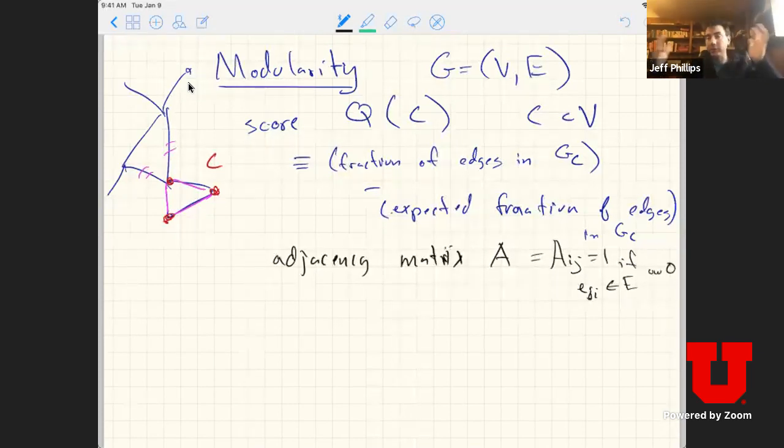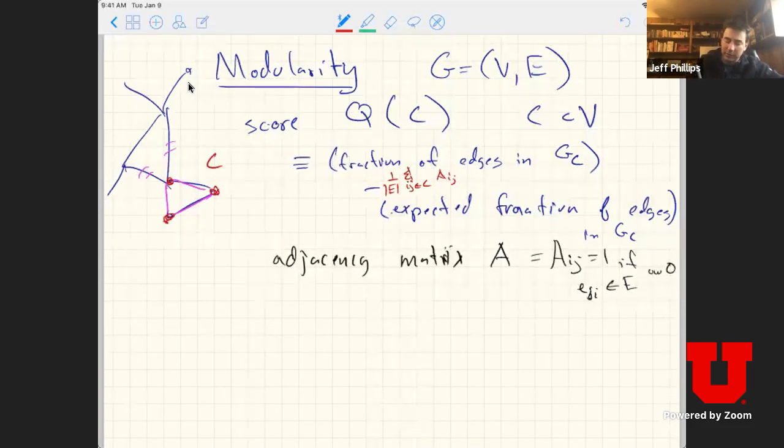So this is the 0-1 matrix that captures these edge relationships. The fraction inside would be the sum over ij in the cluster, and I add up these terms A_ij, and I would divide this by the total number of edges. So that's the fraction inside.